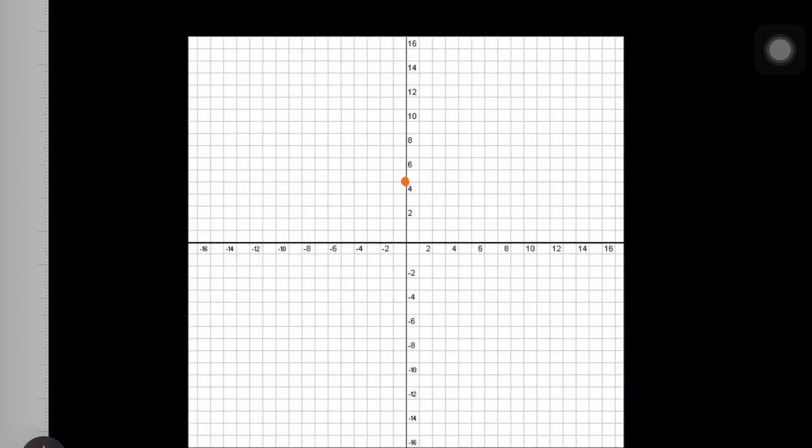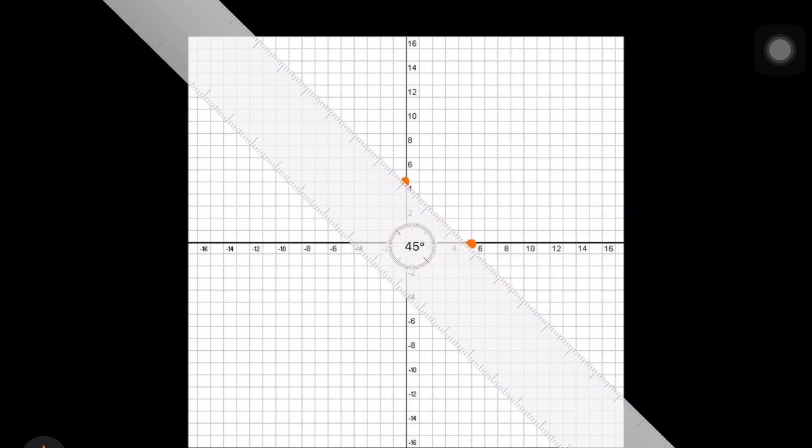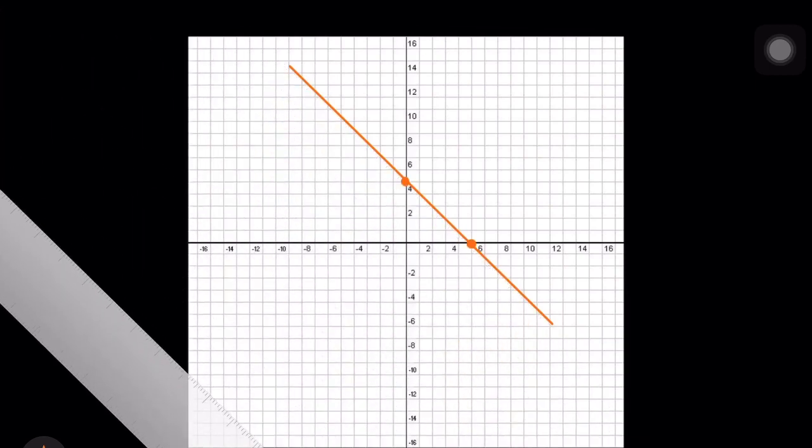The next point, x is equal to 5 and y is equal to 0, so this one. So we need to join these two points. So this is the graph for the given equation. This point is 0 comma 5 and this position is 5 comma 0. So the line equation is x plus y is equal to 5.